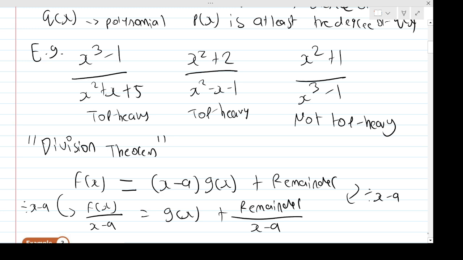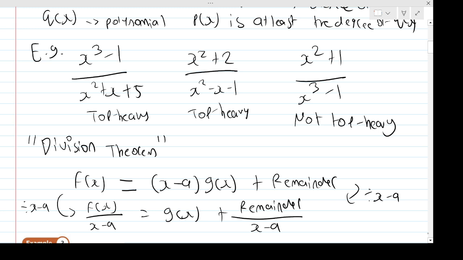Okay, so this division, this fraction, if we then multiply the other way around, any polynomial f of x can be written as x minus a times this g of x, which is just another polynomial, add a remainder term, which is what we've got left over, right?